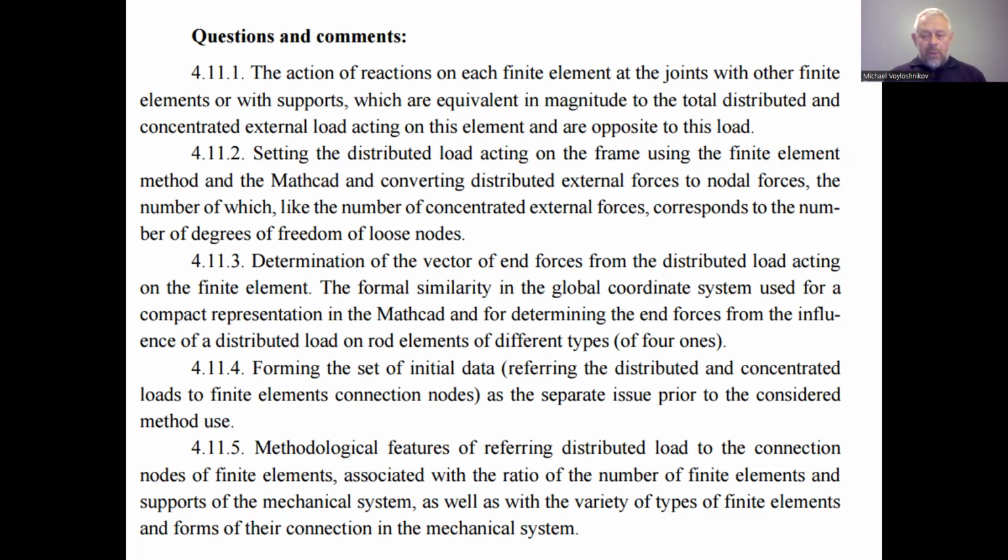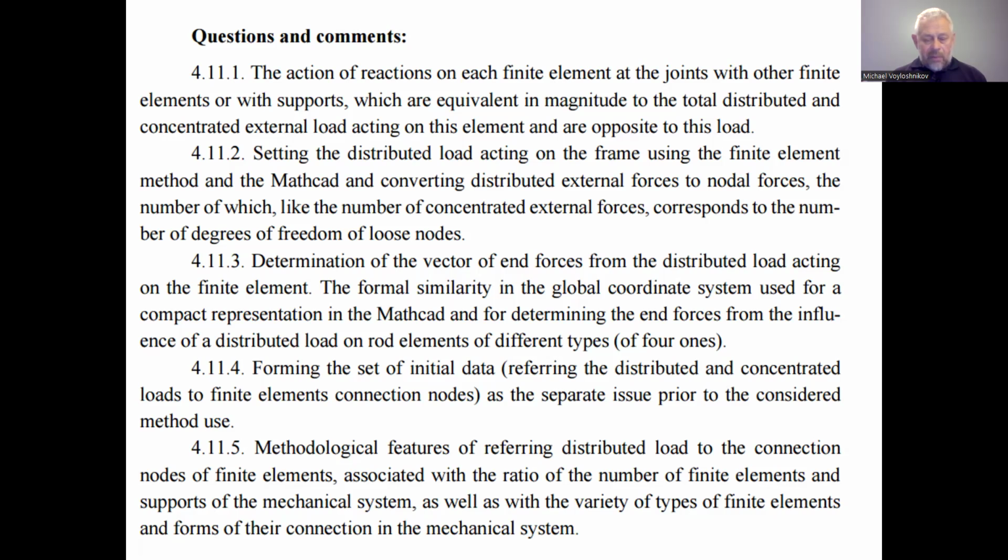And these formulas for other types of finite elements, embedded at both ends, embedded at the beginning and hinged at the other end, hinged at the first end and embedded at the other end, or hinged at both ends, have a number of similarities.